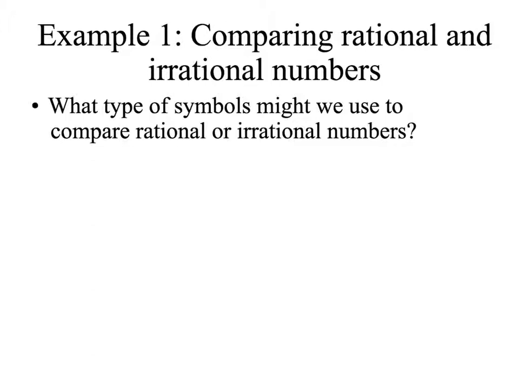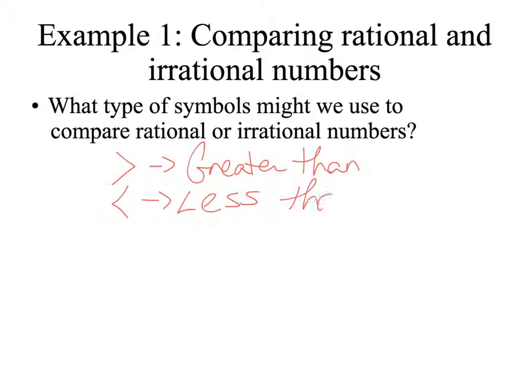There are some symbols that we're going to use to help us do some comparisons. There are 5 symbols. The first symbol is your straight up greater than. Obviously the opposite of greater than is less than. We can also compare things using the equal sign, equal to.